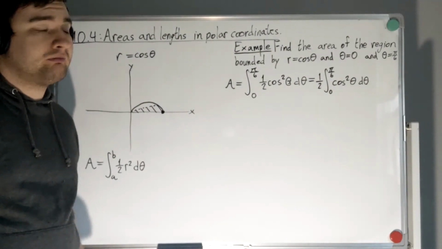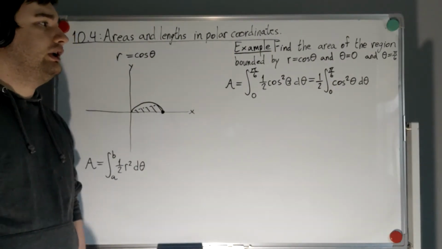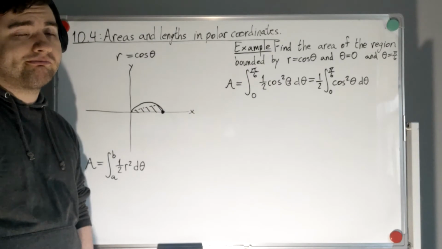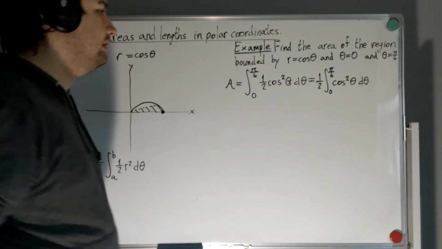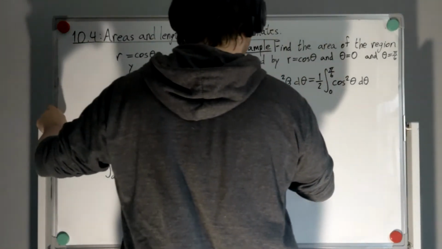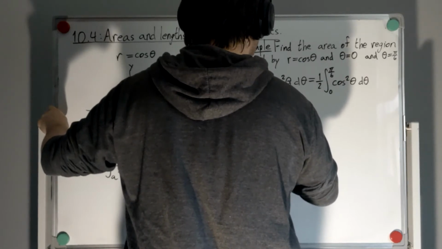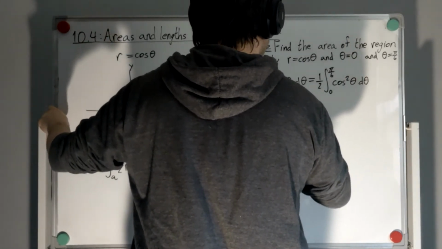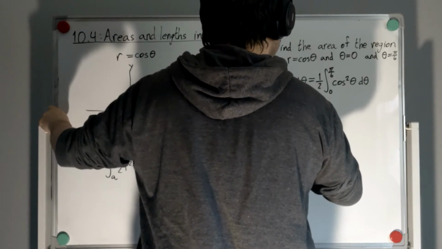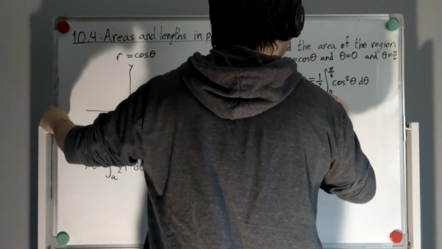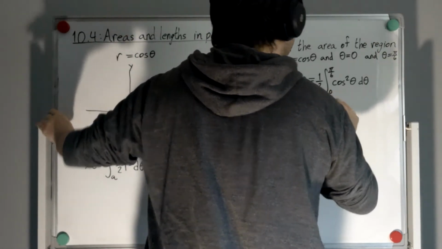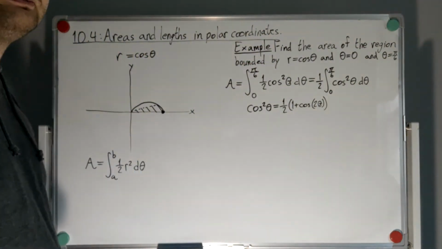All right, now then, you need to now integrate cosine squared theta. The way to do that is you have to use the trigonometric identity. Cosine squared theta equals 1/2 times 1 plus the cosine of 2 theta. Okay?